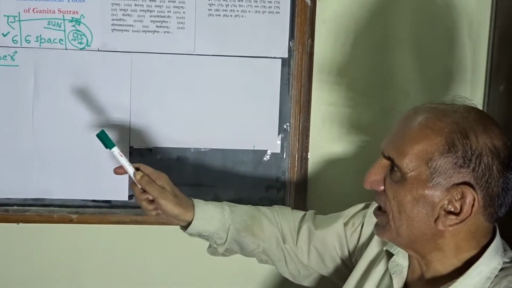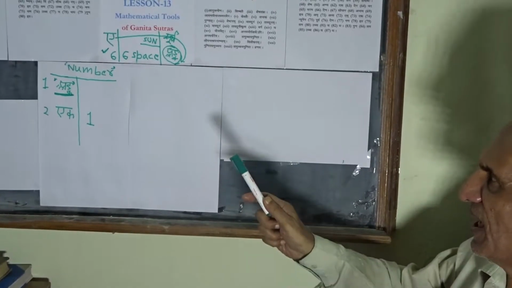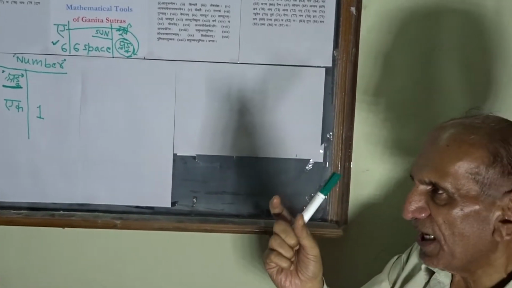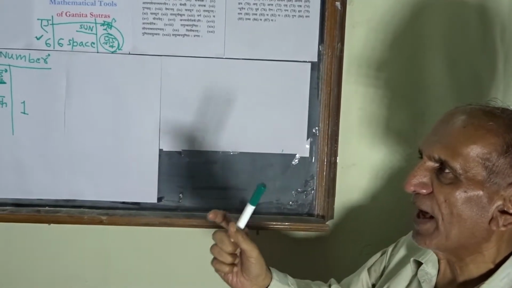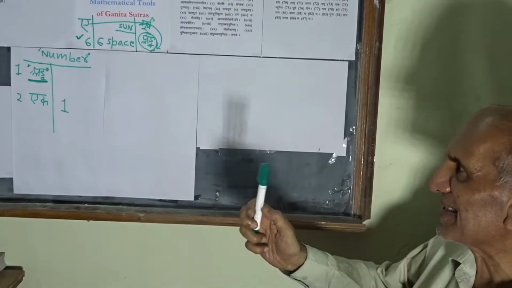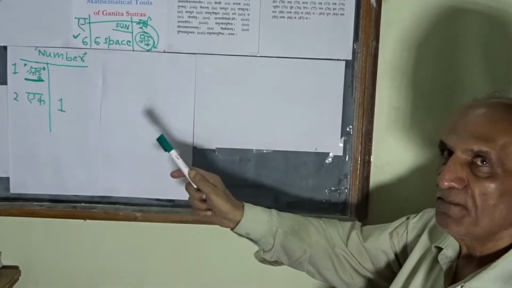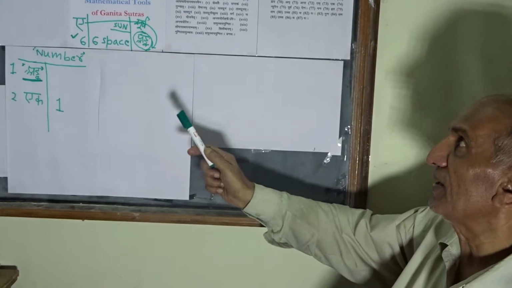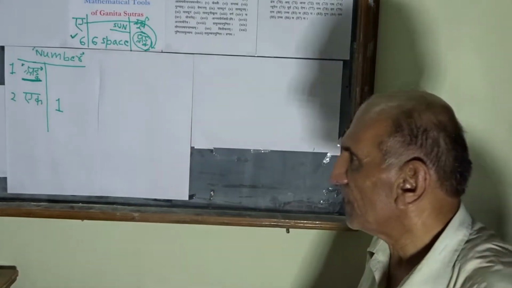The first entry is Ank in this category, and the second entry is Ek. Formulation Ek has a simple rendering, accepts value 1. So number 1 as such is the mathematical tool of this category, which is being availed by the text of Ganita Sutras.